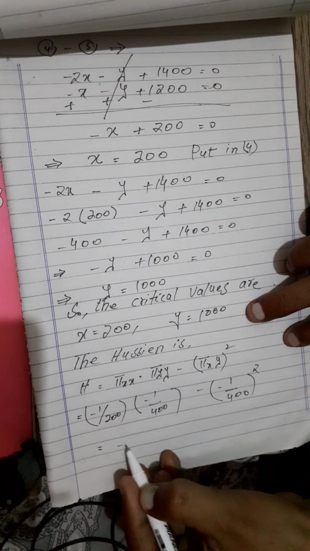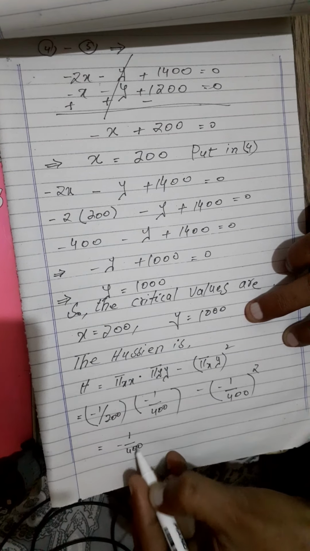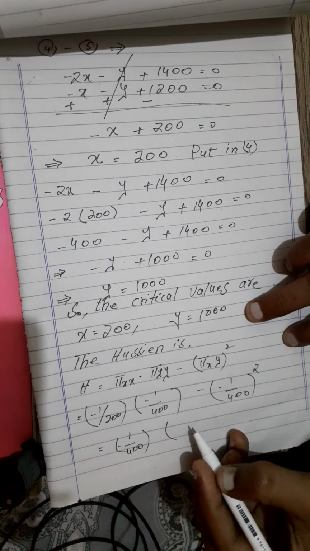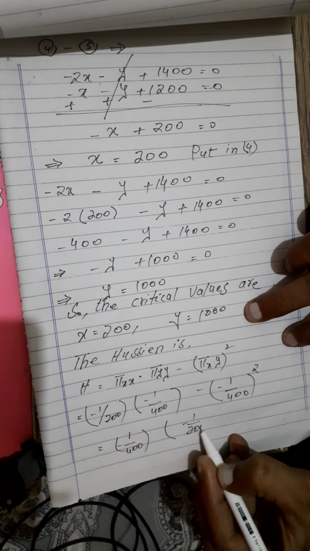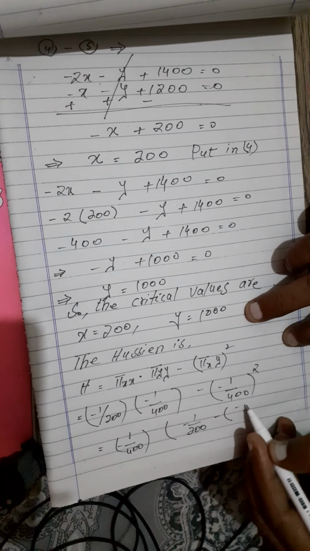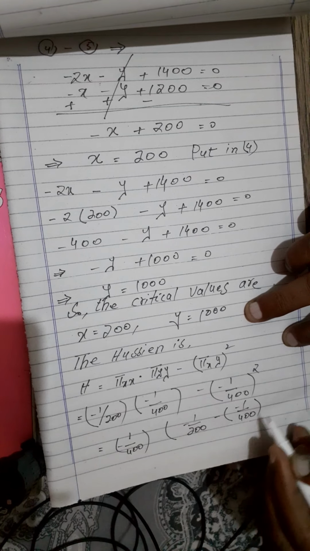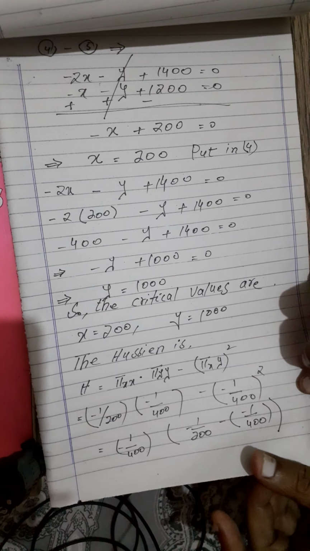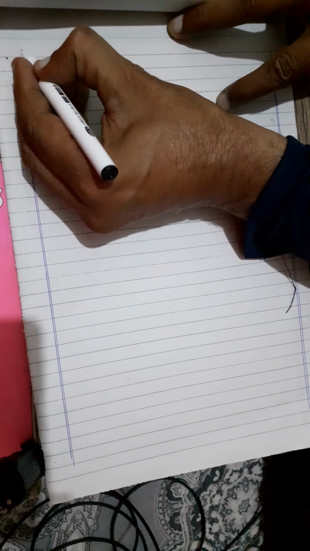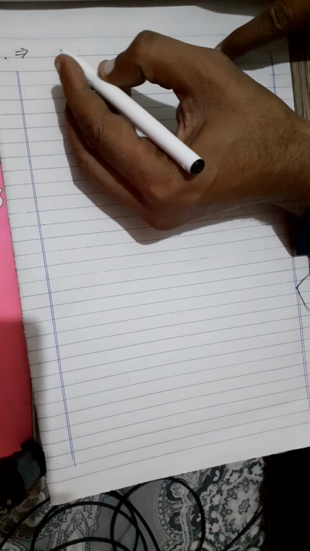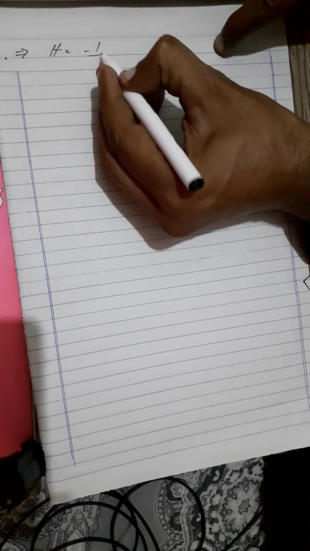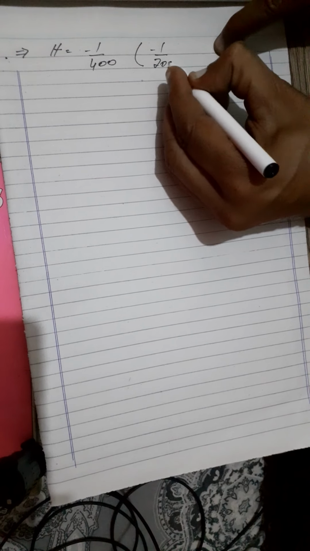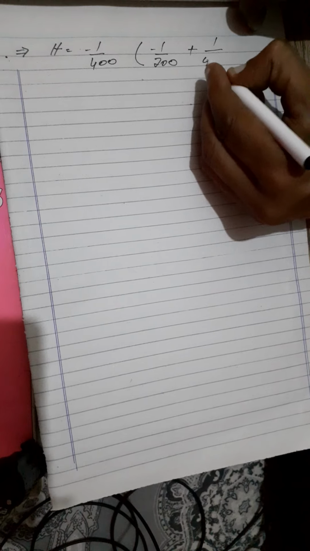Now we will simplify it. Taking minus 1 over 400 common, minus 1 over 200 minus 1 over 400, bracket close. And this implies that H equals minus 1 over 400 times minus 1 over 200 plus 1 over 400.